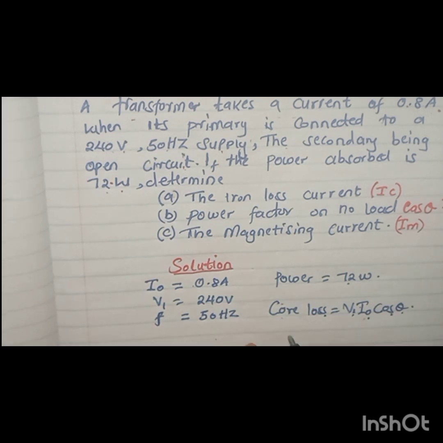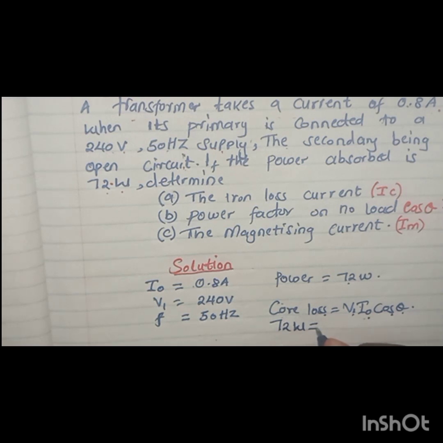So the power 72 watts is equal to V1, 240, times I naught, 0.8, times cos theta.